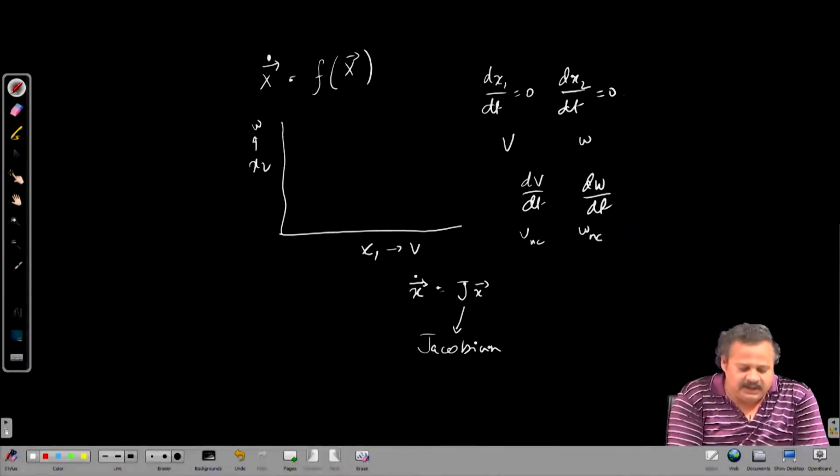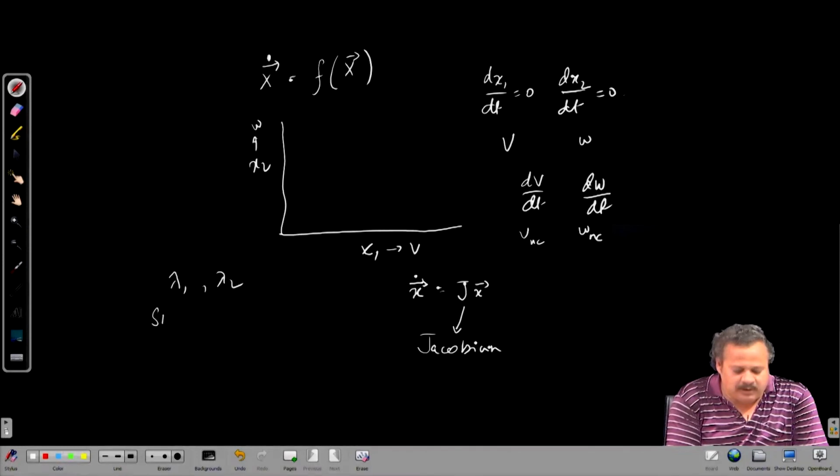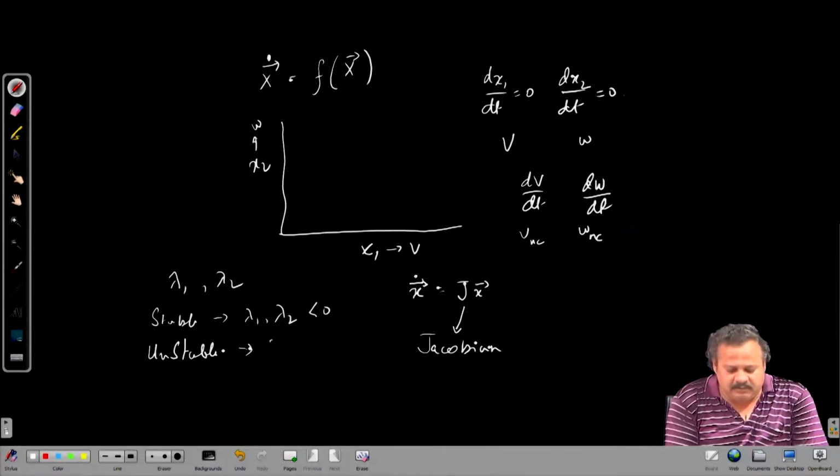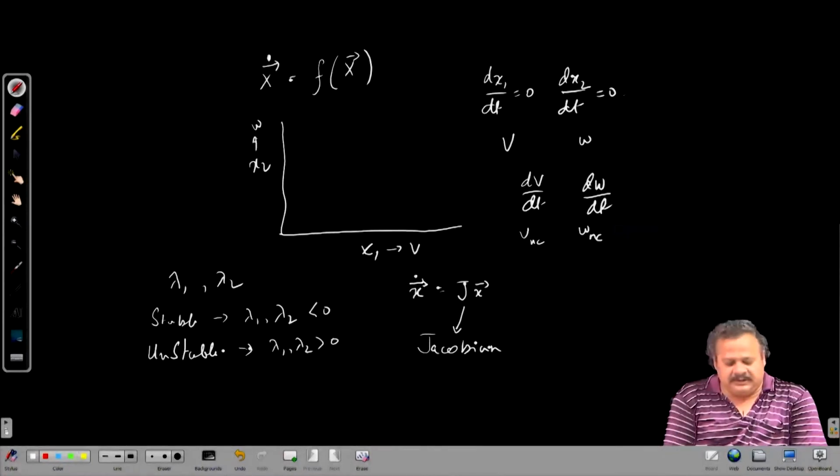If the eigenvalues are lambda 1 and lambda 2, they are of two kinds, stable and unstable. If lambda 1 and lambda 2 both are negative, then it is stable, and when both are greater than 0, it is unstable.